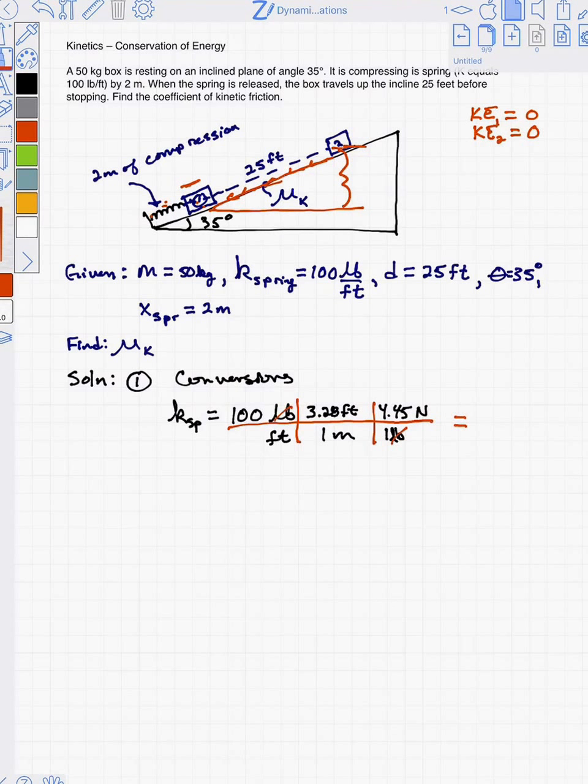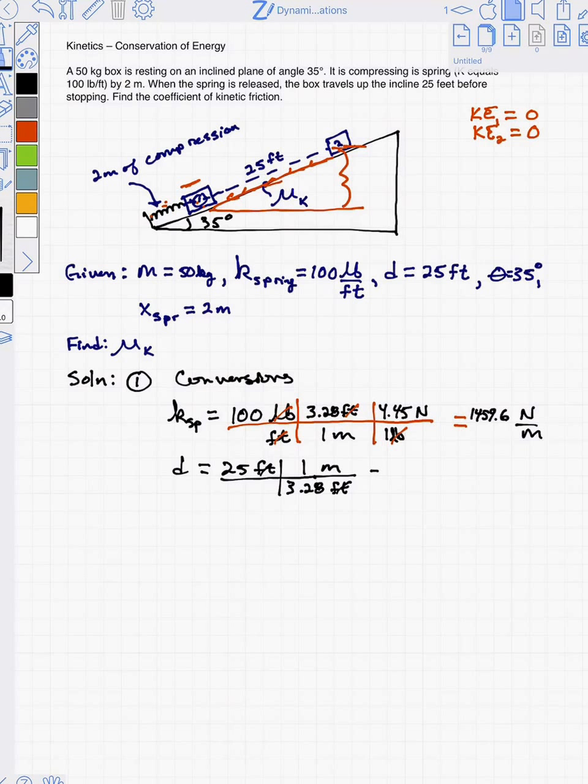Let's see what happens when I cancel units. The pounds cancel, the feet cancel, and I will have an answer of newtons per meter. And if you do this math, you get 1,459.6 newtons per meter. And we had D is 25 feet, so D of 25 feet, 3.28 feet per 1 meter.